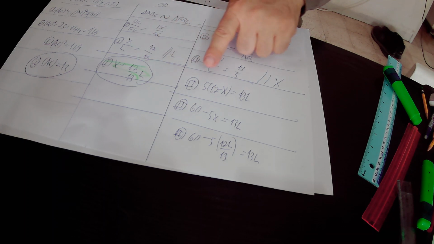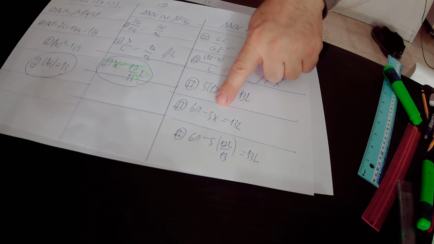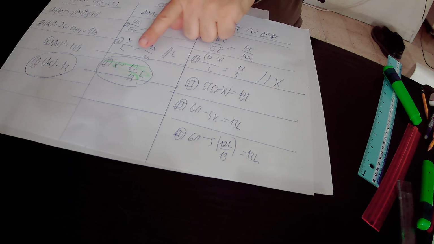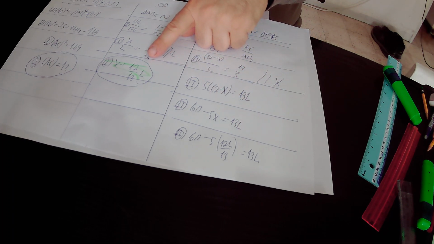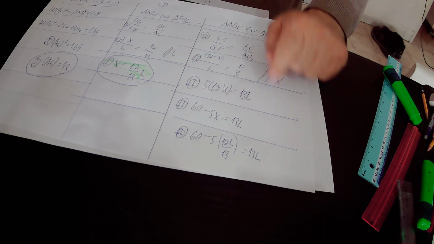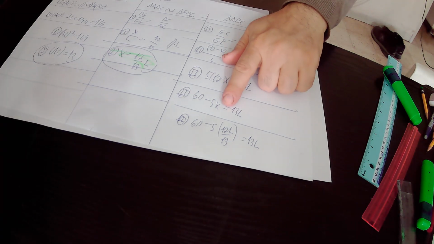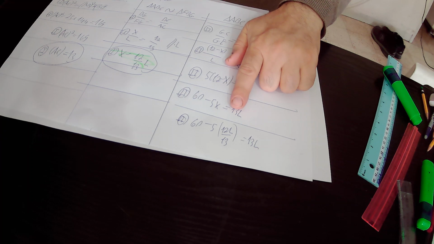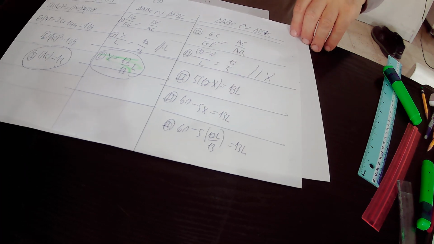So it is 60 minus 5 times 12 over 13 times L, and it equals 13L. Okay, so 60 minus 60L over 13 equals 13L.